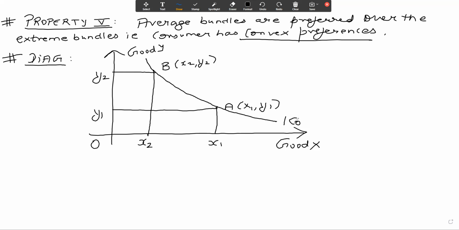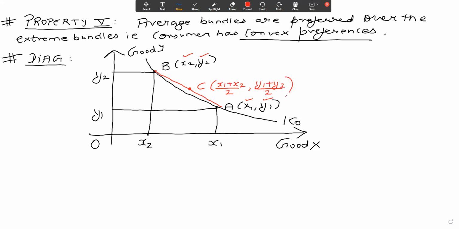Now guys, if I take the average of these 2 points, how will I take the average? If I join points A and B with a straight line, where will the average lie? I hope students know how to find the average. Average will be the bundle C, which is nothing but x1 plus x2 divided by 2, comma y1 plus y2 divided by 2.